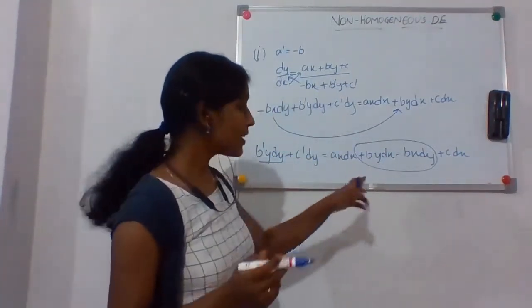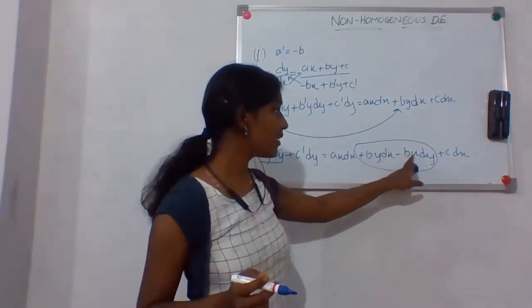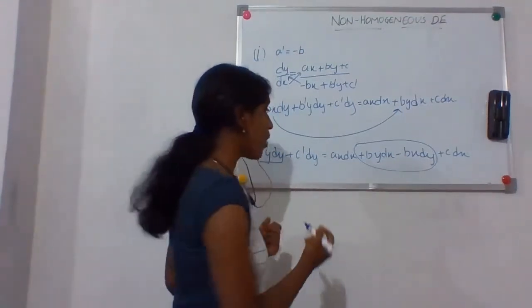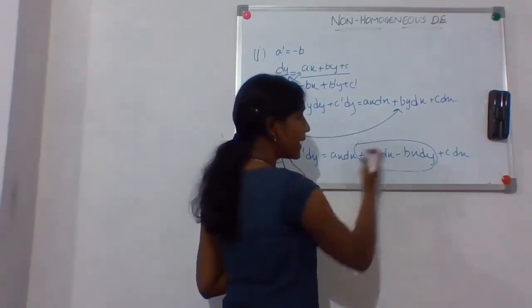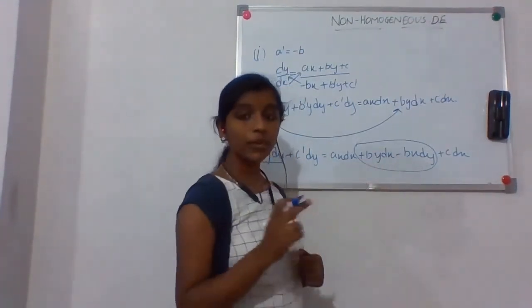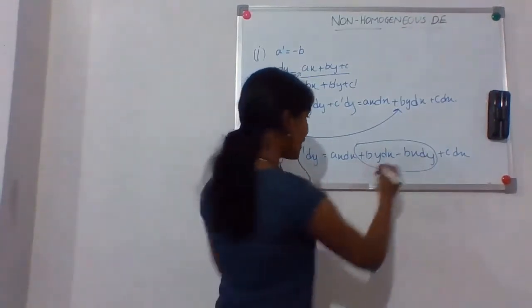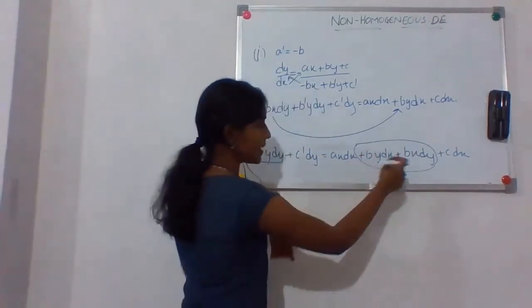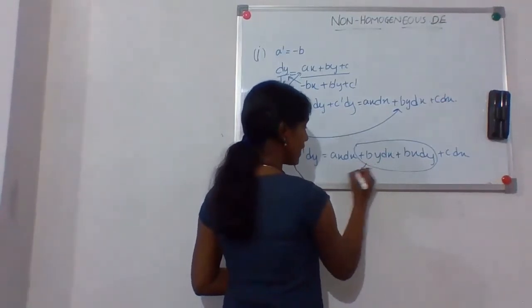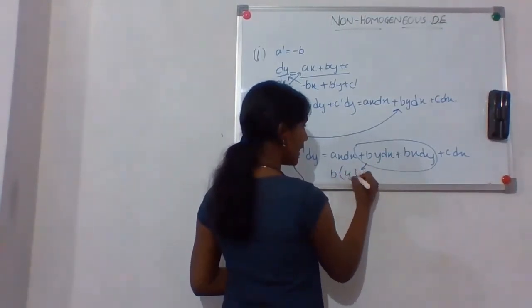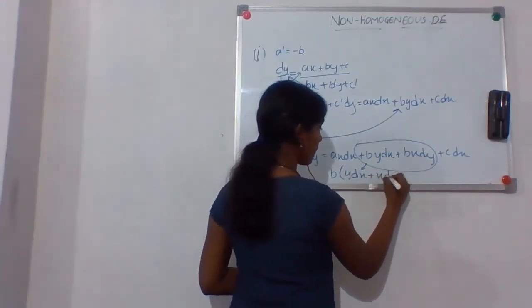So that is why in the second method we have brought the opposite coefficients, and what will happen if you take b as common? If you take b as common, this is plus, I'm very sorry, plus. If you take b as common in this, b into y dx plus x dy.